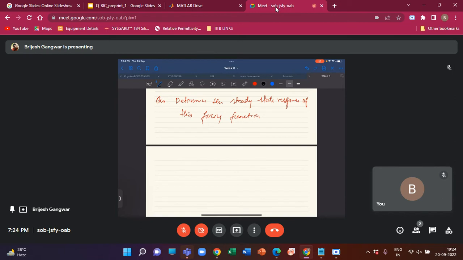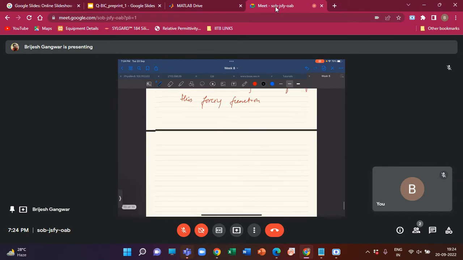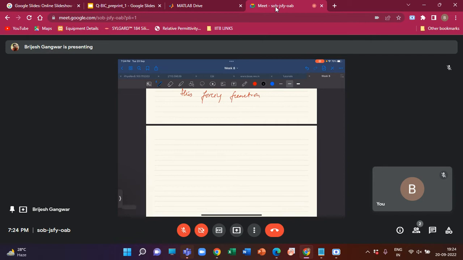So we have seen the coefficient of this Fourier series of an odd function which we considered before, just in our question.